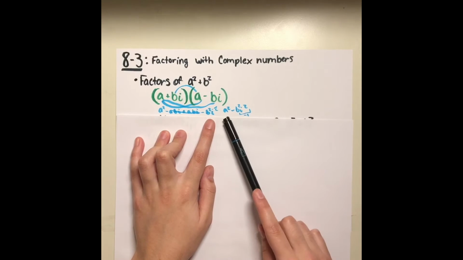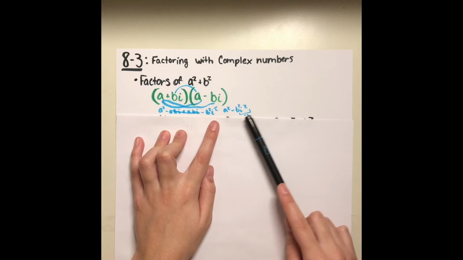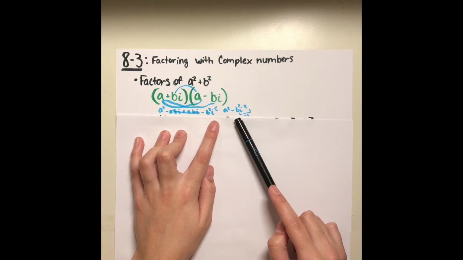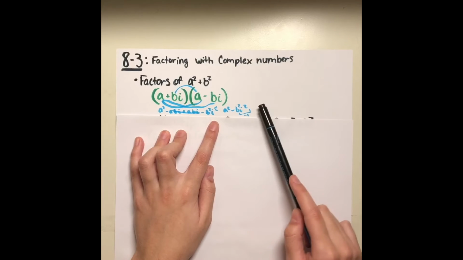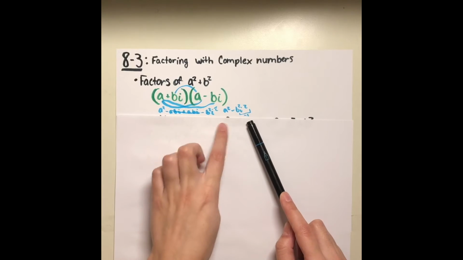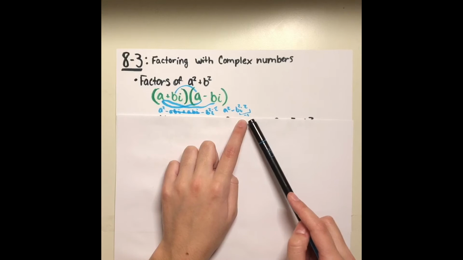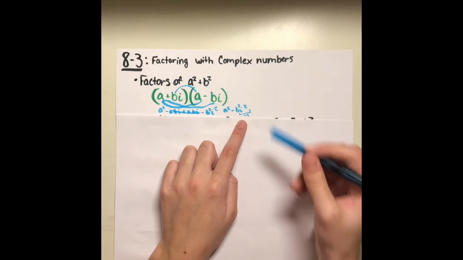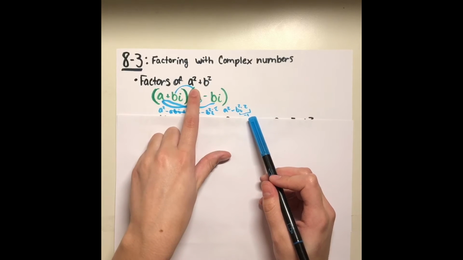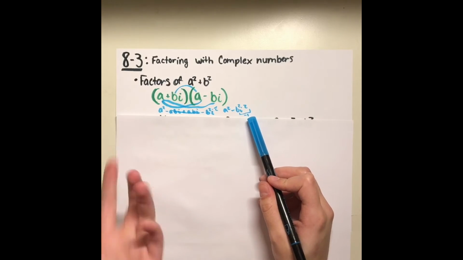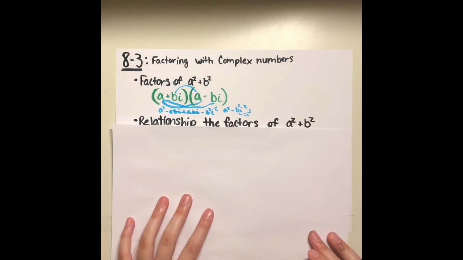So actually it would be a squared minus b squared times i squared, and that i squared is negative 1. A negative times a negative is a positive. That's why we get a squared plus b squared. That's how you check your answer.